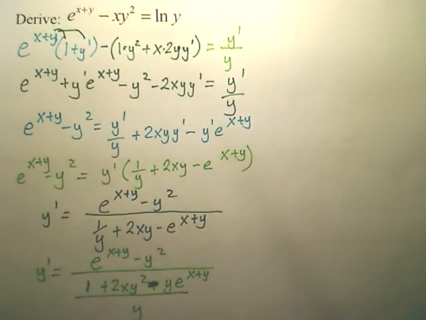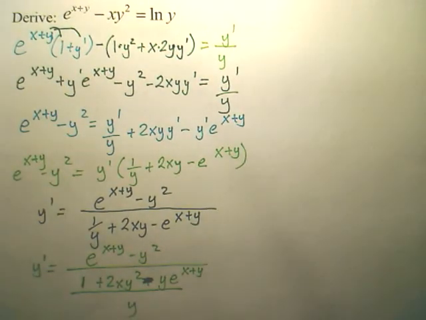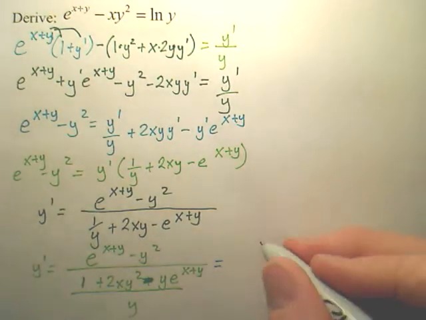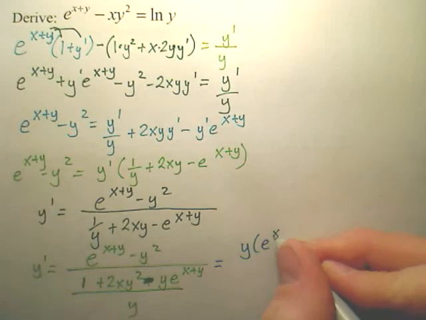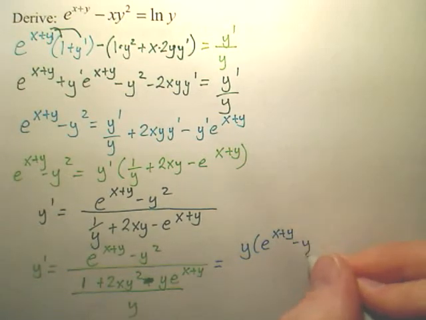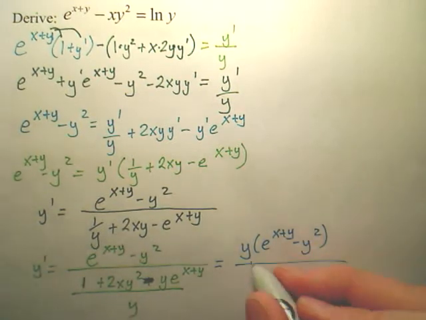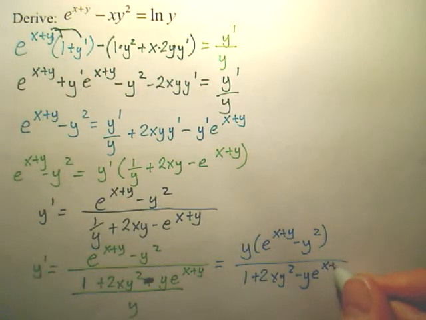And from there, what we're going to do is when you divide, it's going to flip. So your answer simply looks like the y is going to go on top, e to the x plus y minus y squared. And the bottom is going to be the 1 plus 2xy squared minus y e to the x plus y.